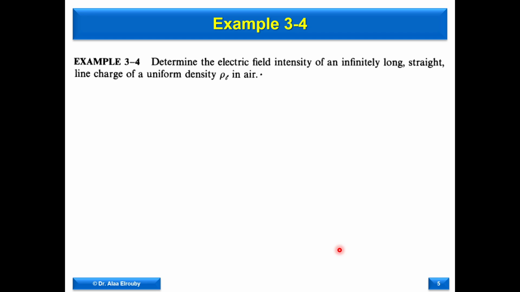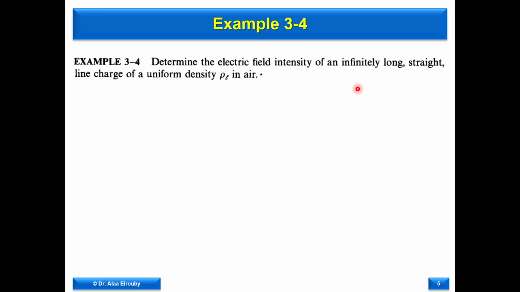So let us do some exercises to implement what we have learned. In this example, we are required to determine the electric field intensity, E, of an infinitely long straight line charge.